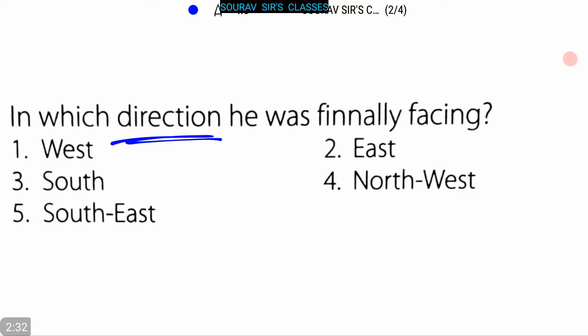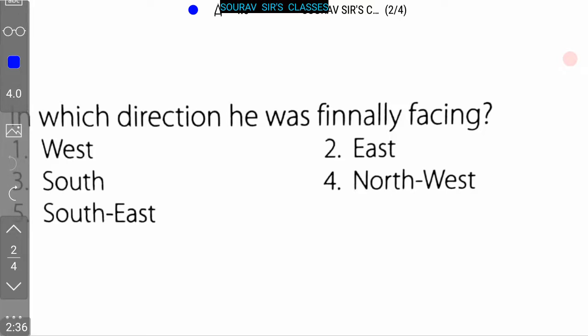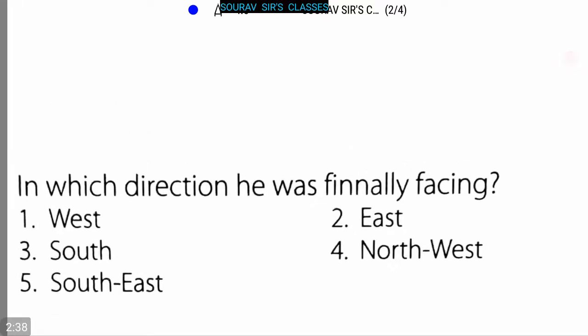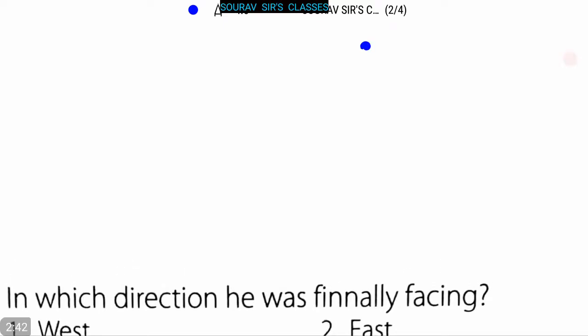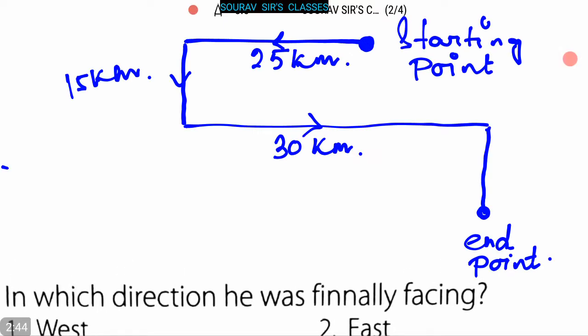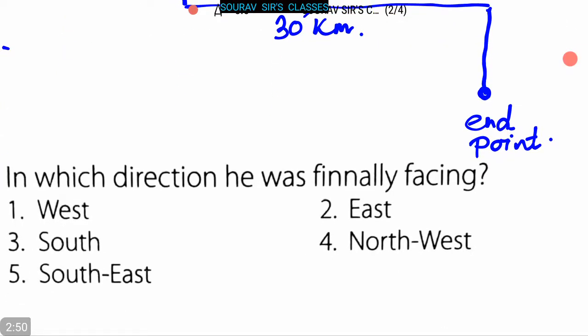His direction was like this. Here I have already drawn the graph, and we were asked to find the exact direction he was finally facing.